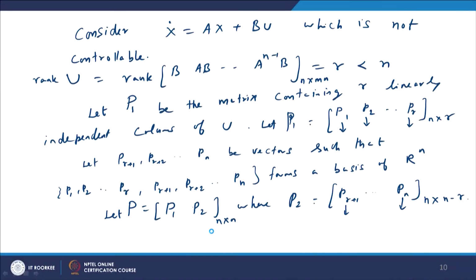And if we observe this U matrix, it is generated by the columns P1, P2, up to PR. All the columns of B, AB, A square B, up to A power n minus 1 B are generated by the vectors P1, P2, PR, because there can be only a maximum of R linearly independent columns.